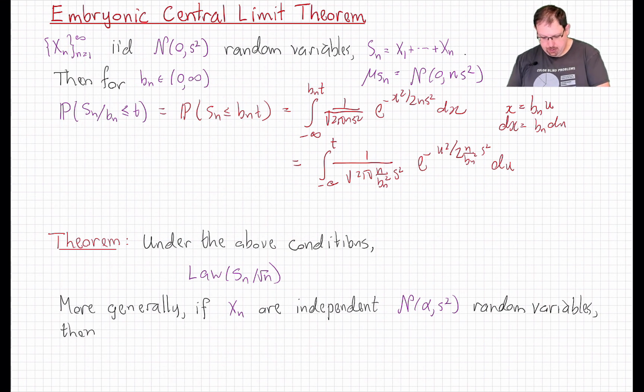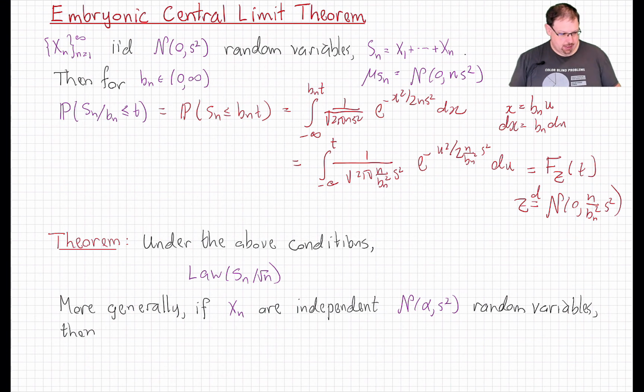In other words, this is the CDF of a random variable Z at t, where that random variable is a normal of mean 0 and variance n over bn squared times s squared.